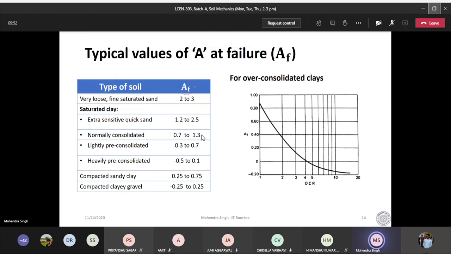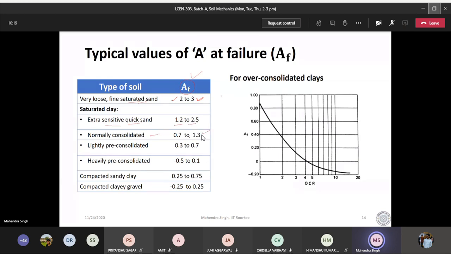At the time of failure, it is very important for us to analyze things. For very loose, fine saturated sand, A is very large because they are going to compress, so pore water pressure is going to increase. If it is extra sensitive quicksand, then it is 1.2 to 2.5.